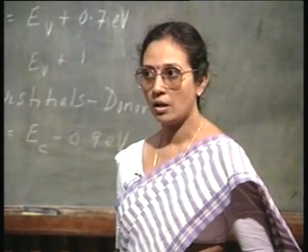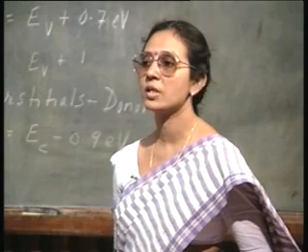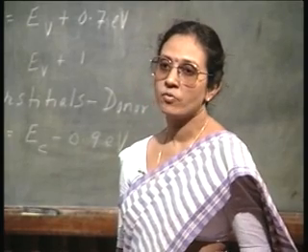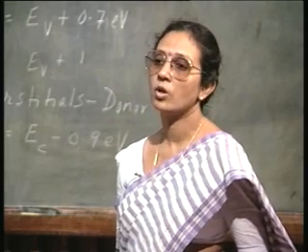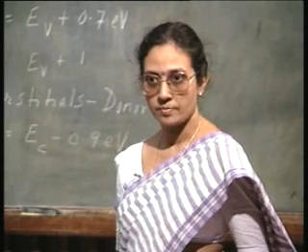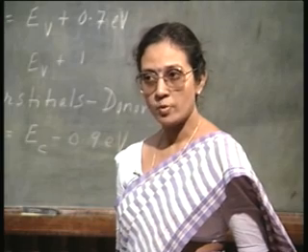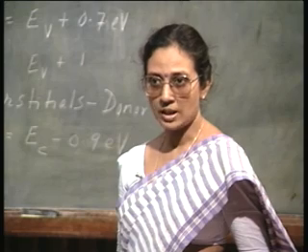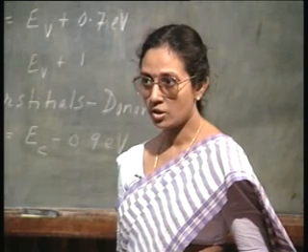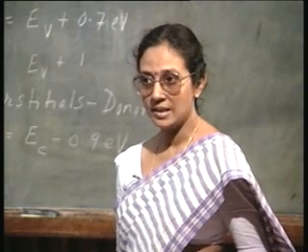Normally, if you do not have such deep levels, then for generation or recombination you need a transition from EC to EV. By providing this deep level, it is like providing a staircase, so that the generation recombination is facilitated.